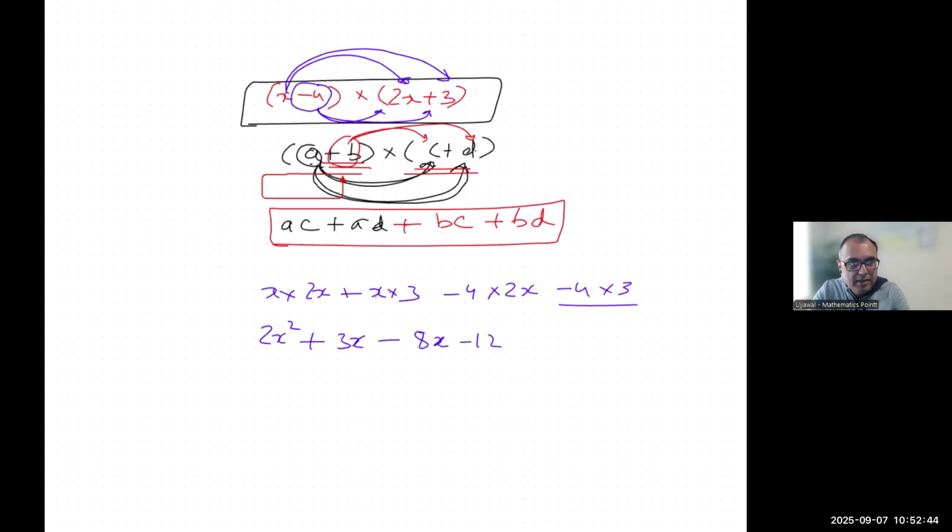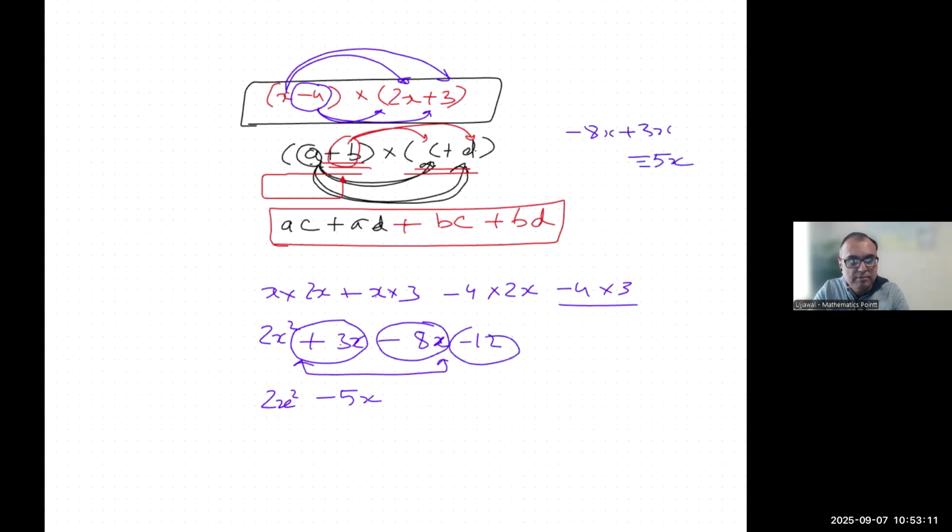You see these two are like terms, 3x and 8x. So it becomes 2x square minus 5x. How did I get it? A negative 8x plus 3x makes a negative 5x, and a negative 12. That's the answer.